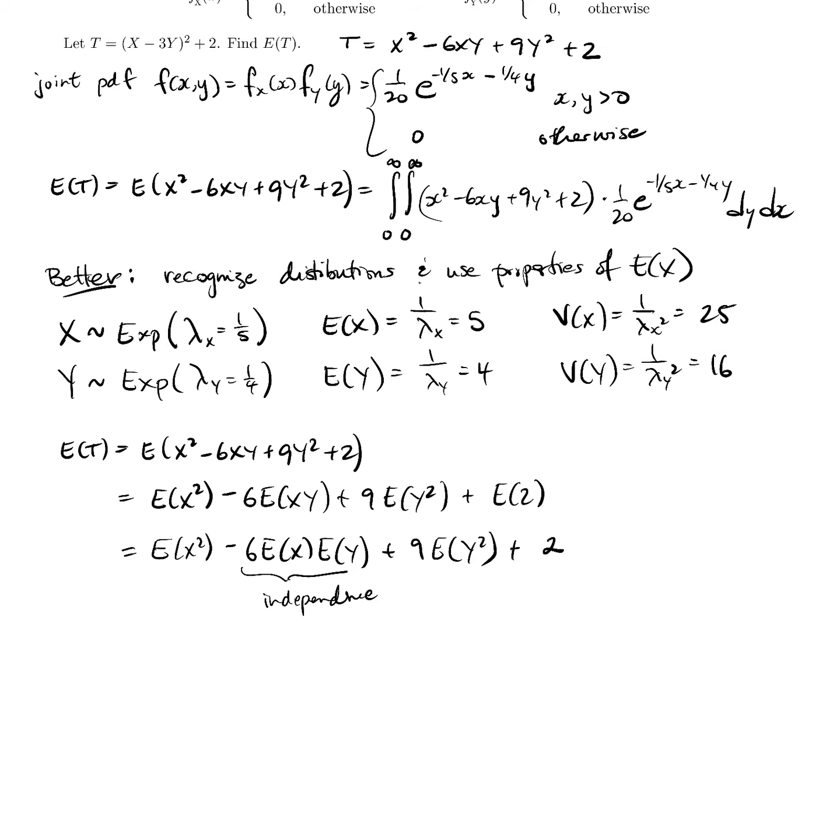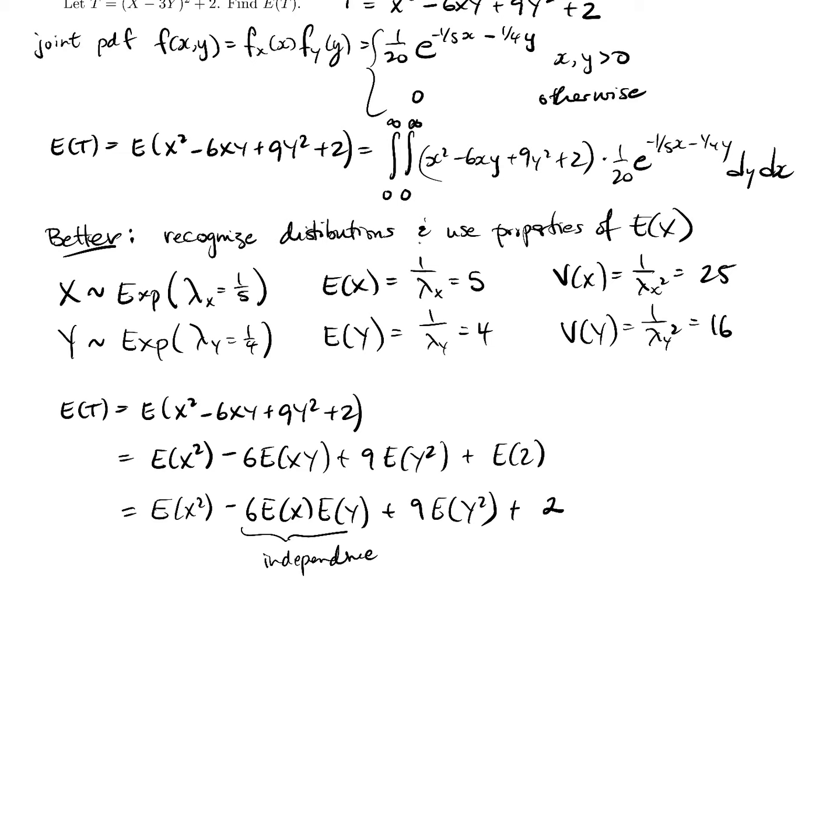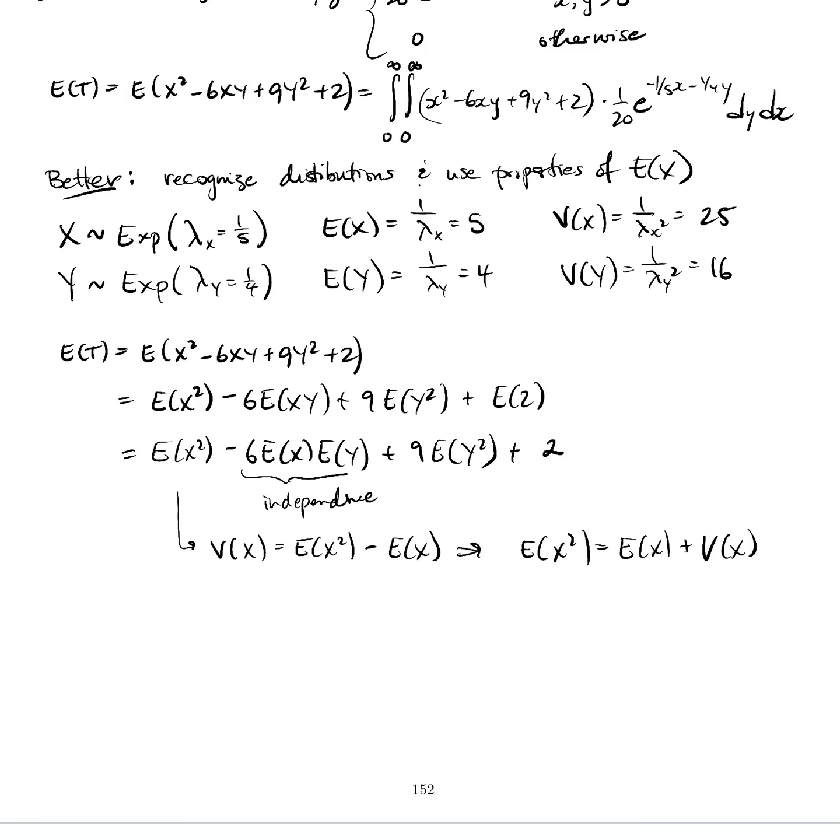So what we need to do is figure out how to get a handle on these values, and we're going to use the variance. We know the computational formula that V of X is equal to E of X squared minus E of X squared. So if we want E of X squared and we have the other two things, which incidentally we do, we can solve for it by shoving this over to the other side. So E of X squared is E of X squared plus V of X. So we're going to write that here.